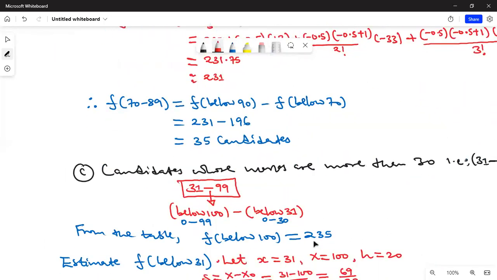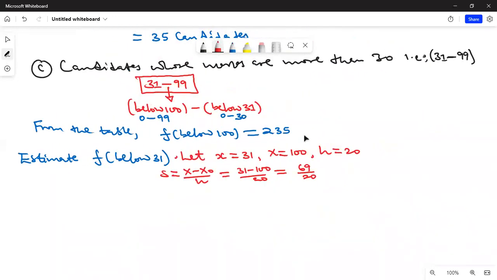So therefore f of below 31 is equal to P3 of 31, so we read the values from the table because we have everything.